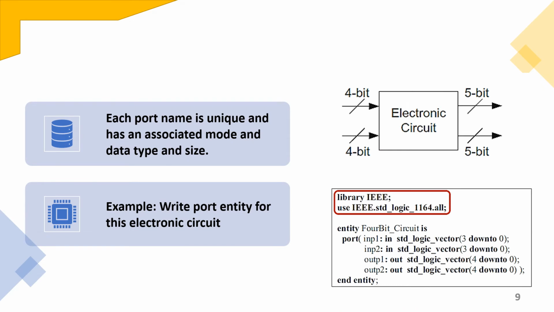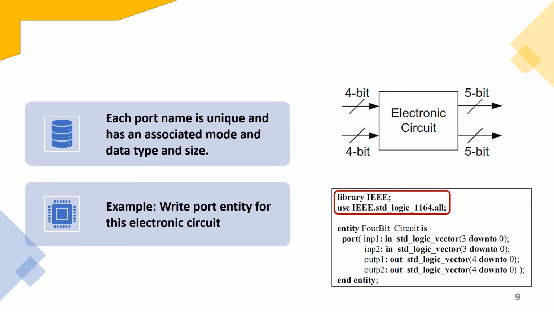If I want to summarize the port part, each port name is unique and has an associated mode. Mode is input, output, or both in and out, and data type and size. For example, write a port entity for this electronic circuit. As you can see, we have two inputs, two outputs.